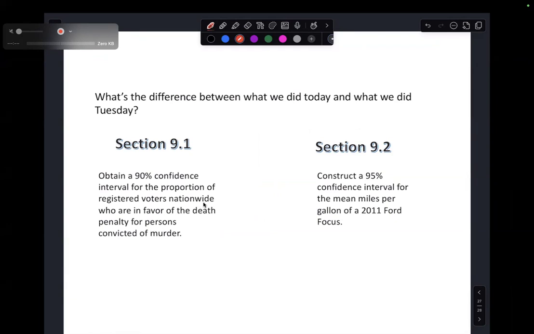In 9.1, you will see the word proportion. In 9.2, you will see the word mean. That's how you differentiate between the two problems. One talks about proportions, the other talks about means.